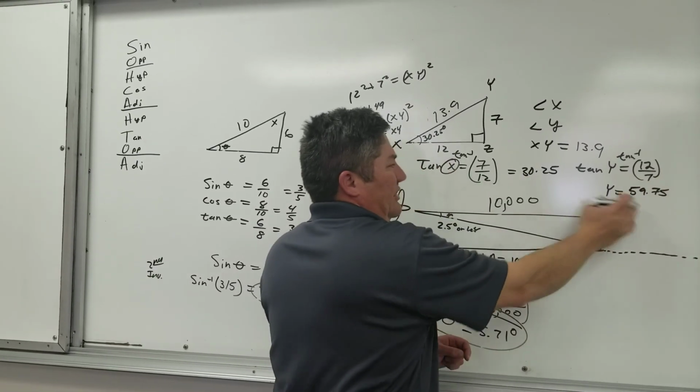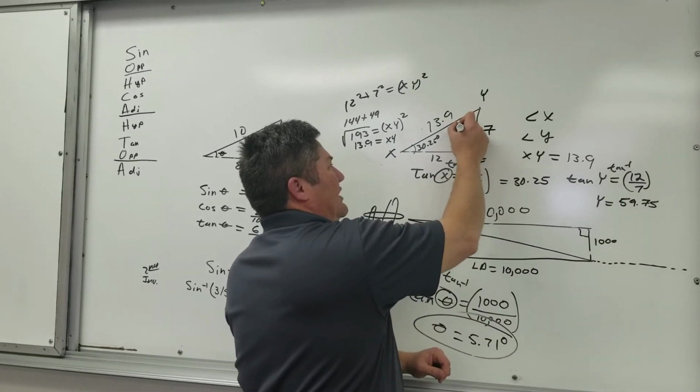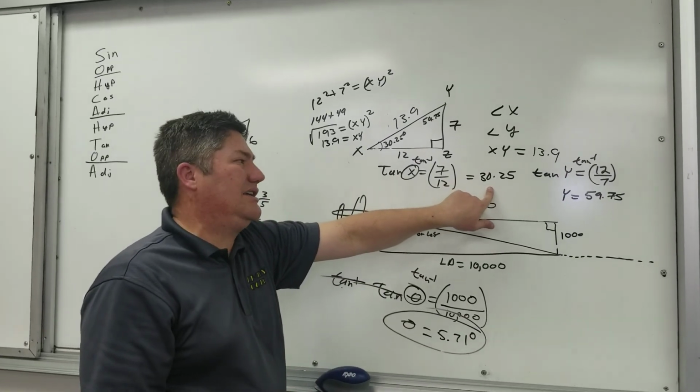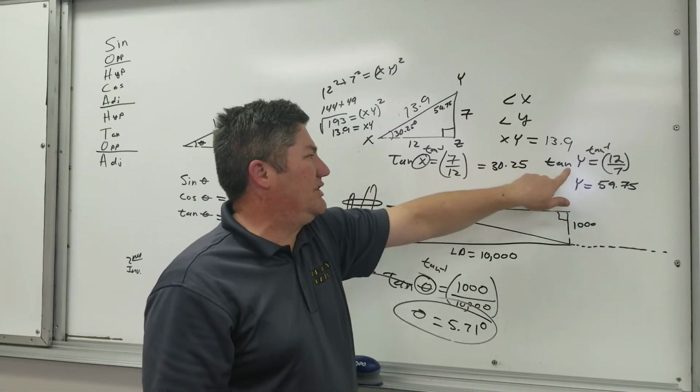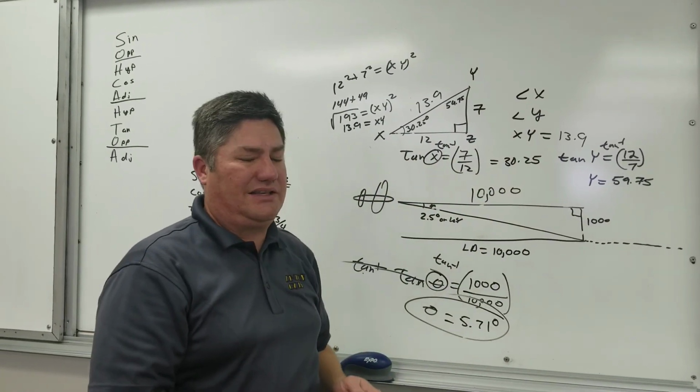You knew that this was 30, this would have to be close to 60 because that adds up to 90. So this is 59.75. So you could just subtract this from 90, or you could just simply take the tangent of y, opposite over adjacent, and you'll get the same thing. That's the lesson. Thanks.